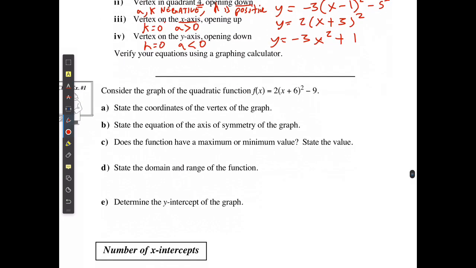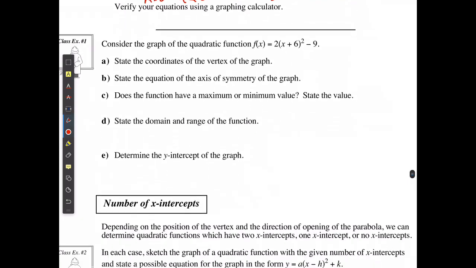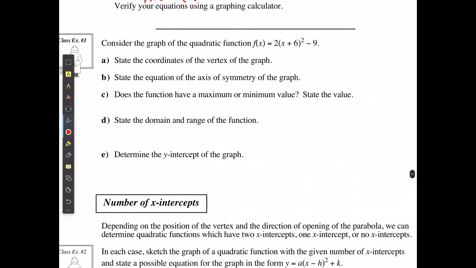So, applying this to example 1. The first thing is if I consider the graph of the function f of x is equal to 2 bracket x plus 6 squared minus 9. Well, then I can say that my a is going to equal 2. My h is equal to negative 6 because it's the opposite.